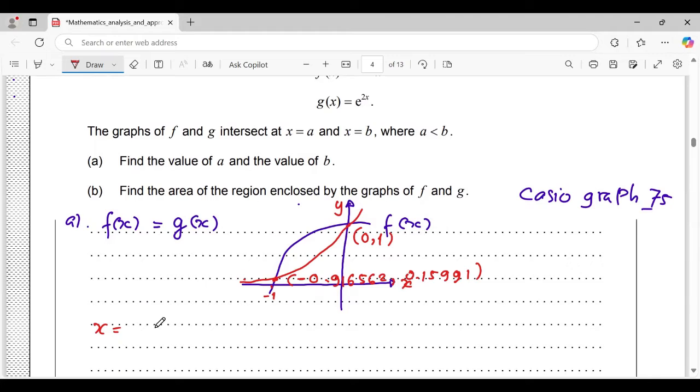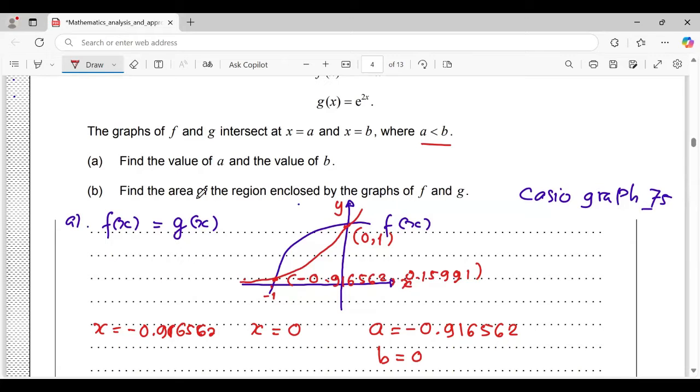The first one is -0.916562, and the second one is x equals 0. Two intersections, 1 and 2. According to the information that a is less than b, a equals -0.916562, and b equals 0.